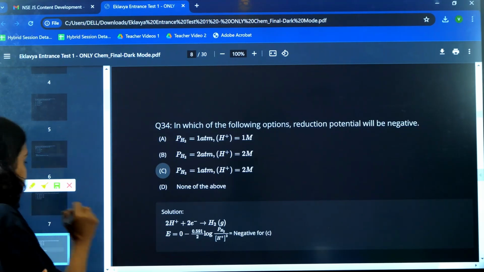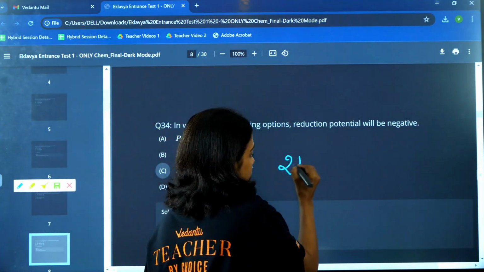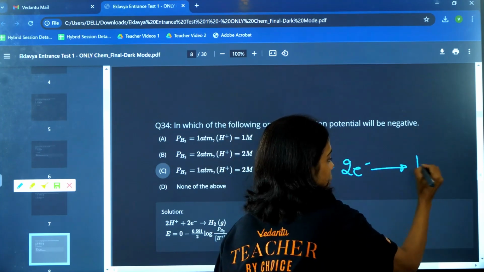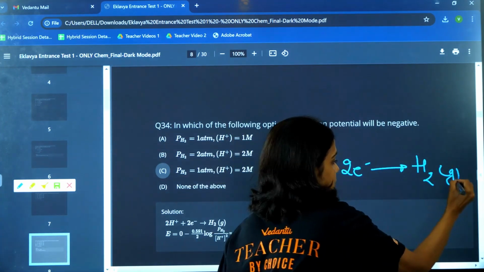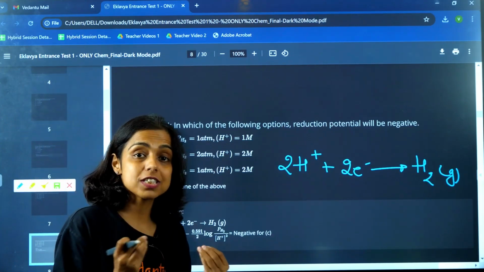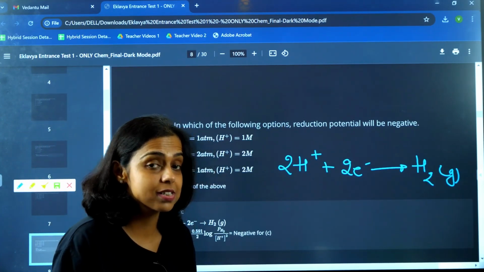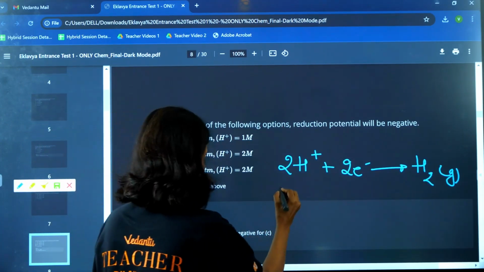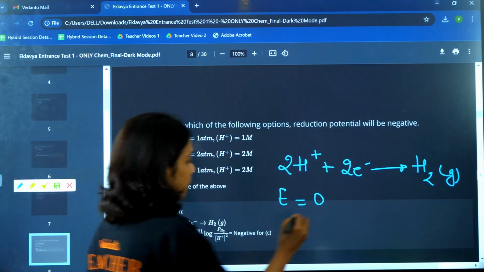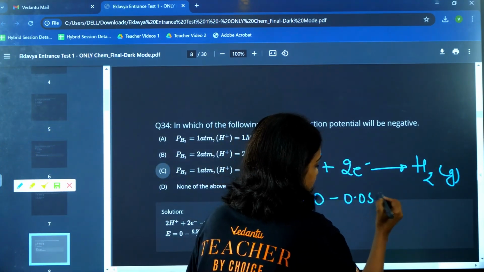Let me write the equation, guys. I'm sure you know the equation for the hydrogen electrode. This is a gas. So you have to write the Nernst equation, and I'm sure you know E naught cell is 0 for the hydrogen electrode. It is the standard hydrogen electrode. So we have E is equal to E naught, which is 0, minus 0.059 over 2.